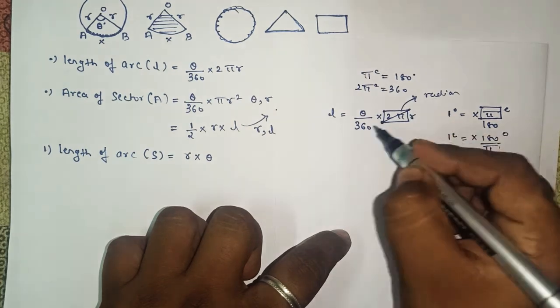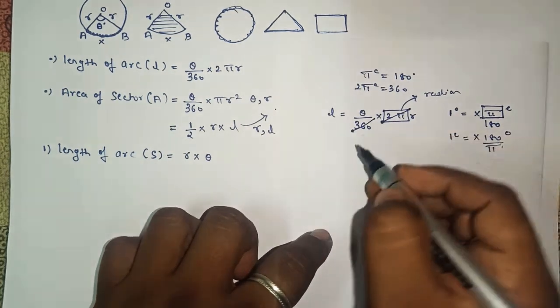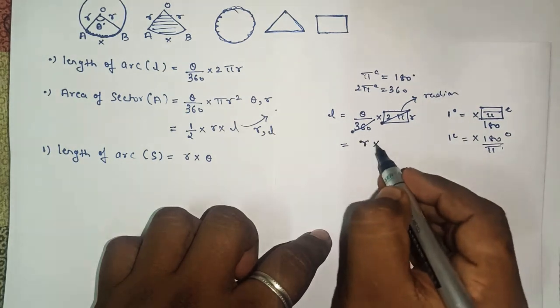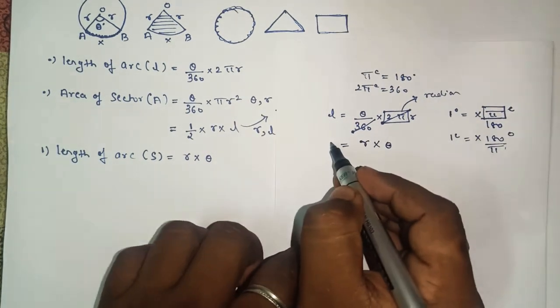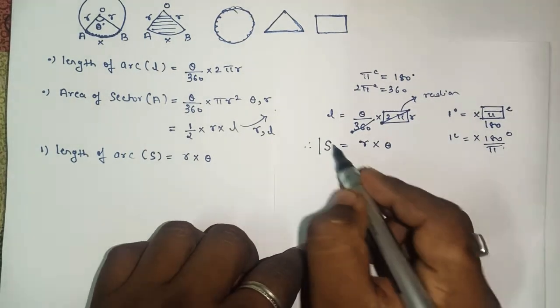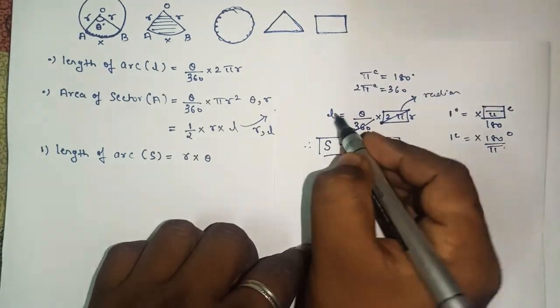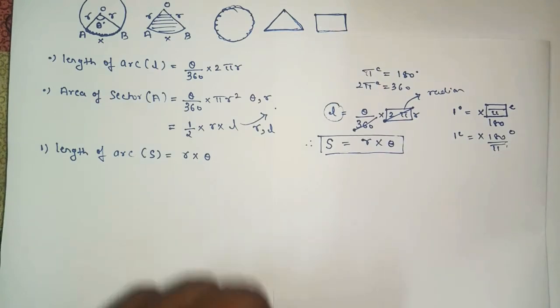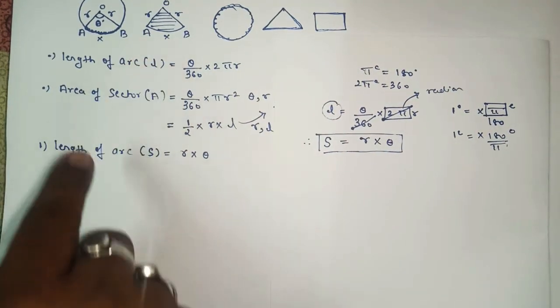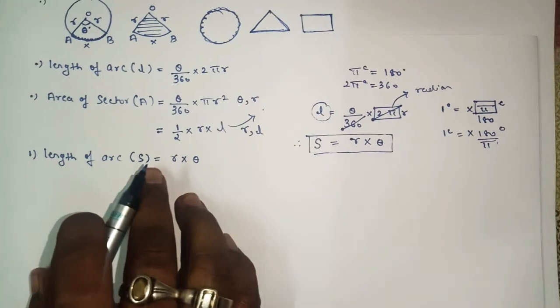So this 360 and this 360 will get cancelled, and here we are left with theta r. So r into theta. Here we just took s, and there it was l. L and s are one and the same. In the 10th standard we used to take the symbol as l; here we write s.